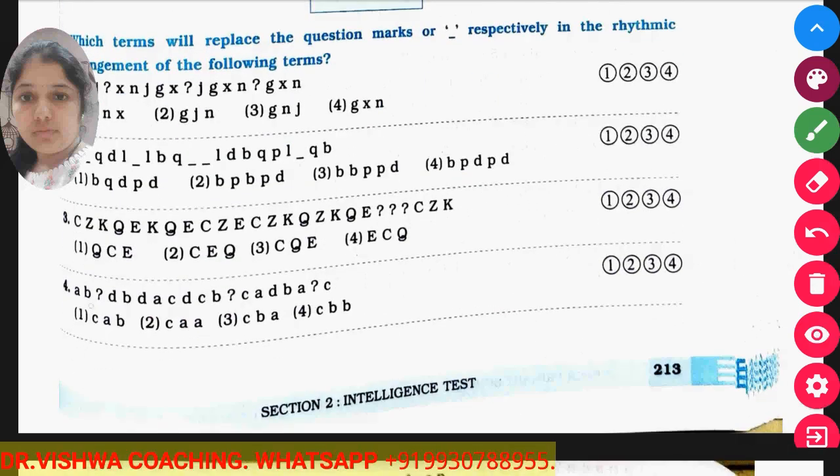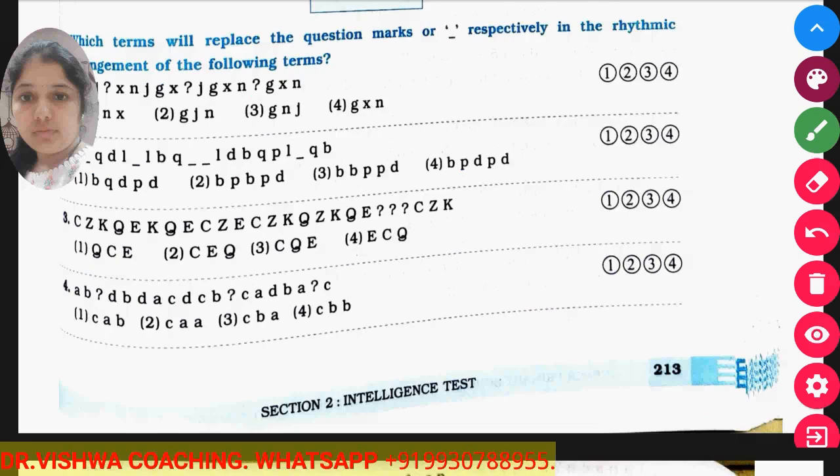Now again you can see here A, B, the blank place is there, then D, then B, D, A, C, D, C, B, then the missing term is there, C, A, D. You just have to check what is the pattern here.